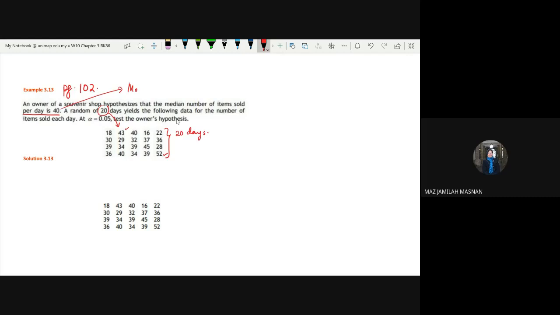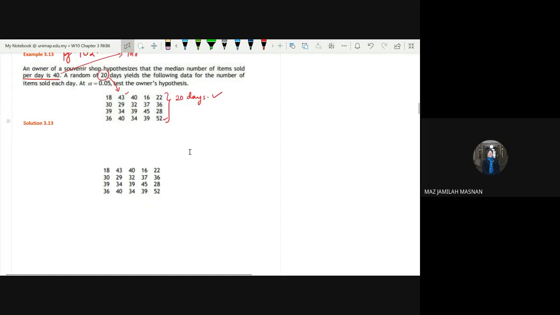Now, at alpha 0.05, test the owner's hypothesis. You need to test whether the owner's hypothesis is correct or not, using the sample evidence, whether you have enough evidence to support the claim or you need to reject the claim. So let us see how we can solve this.